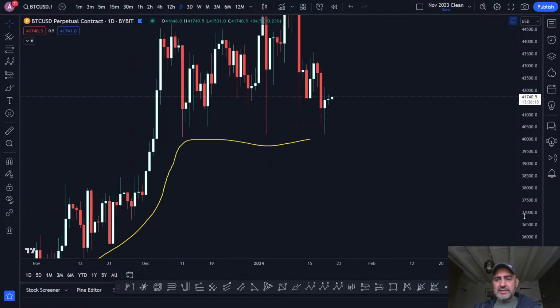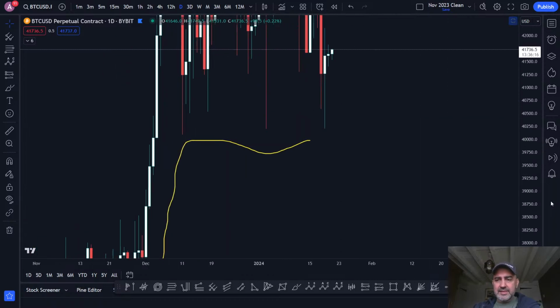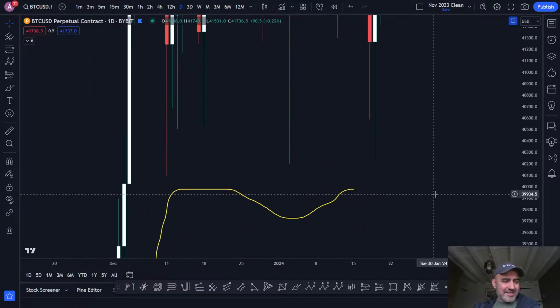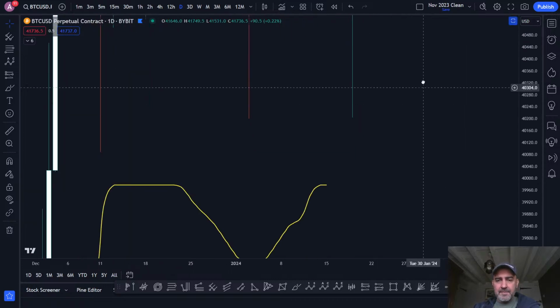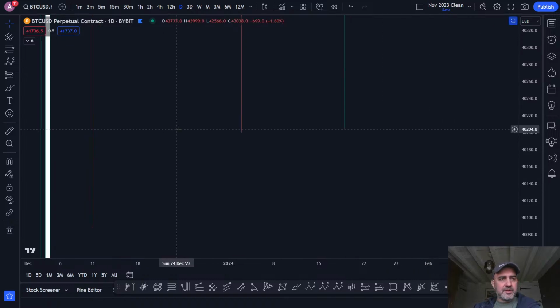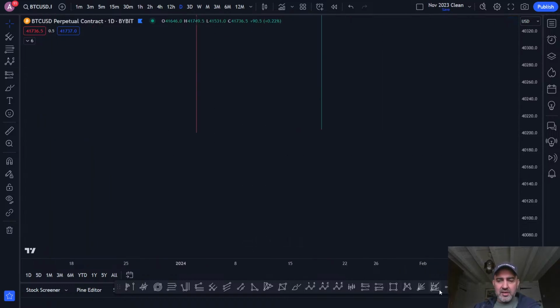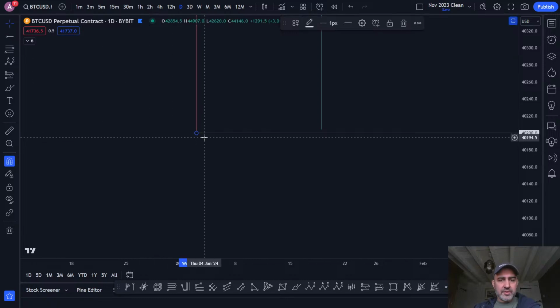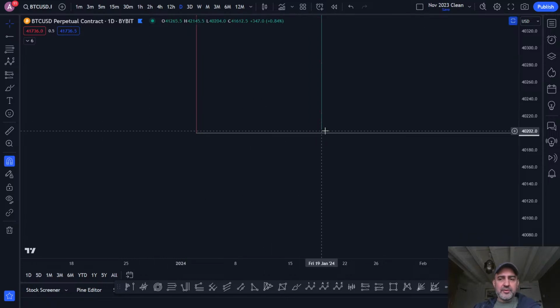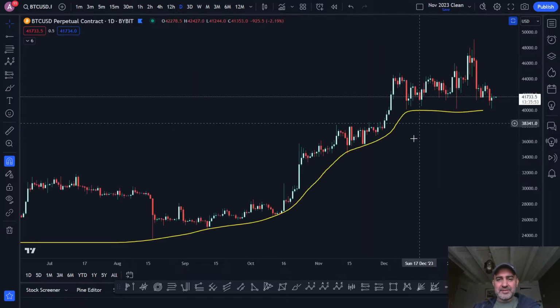So 2 days ago, when we came down to this low here, we didn't actually make a lower low. If you zoom in, you'll see on Bybit that we still made a higher low. It was only by about a few dollars, maybe $4 or something like that. And technically, that's a higher low. Technically, that's not a lower low.